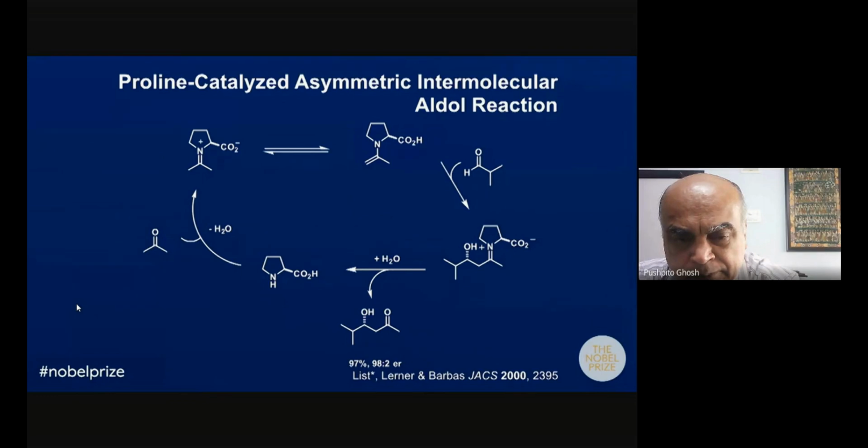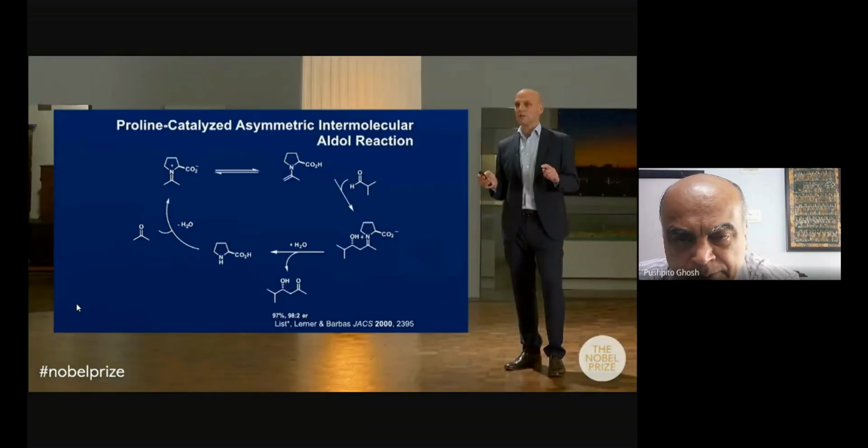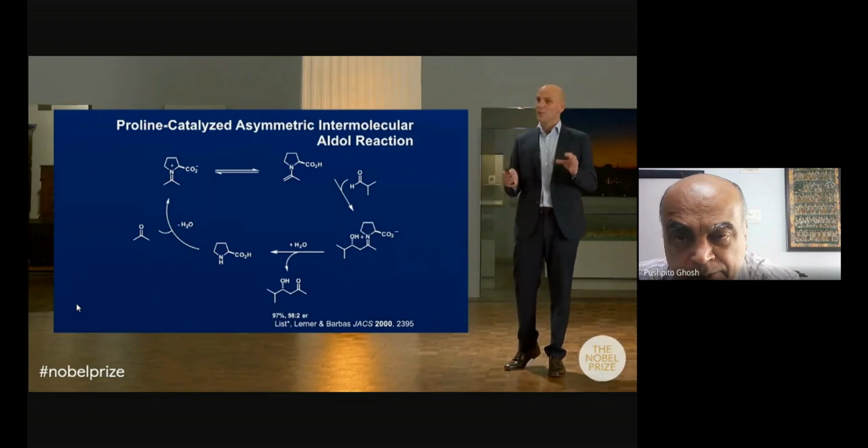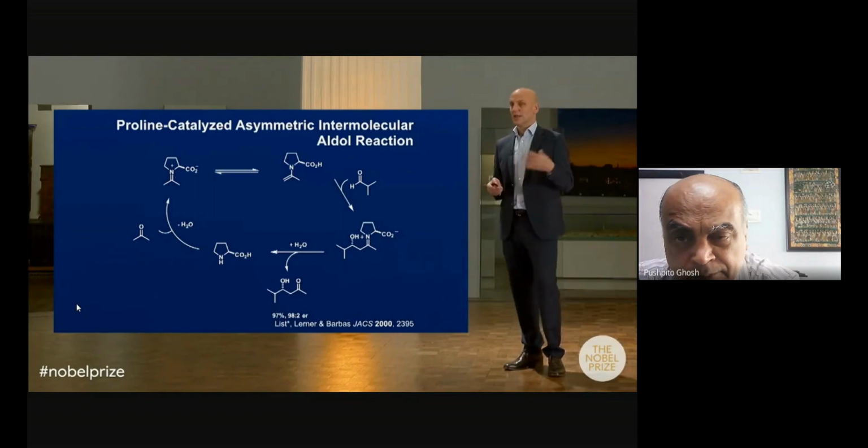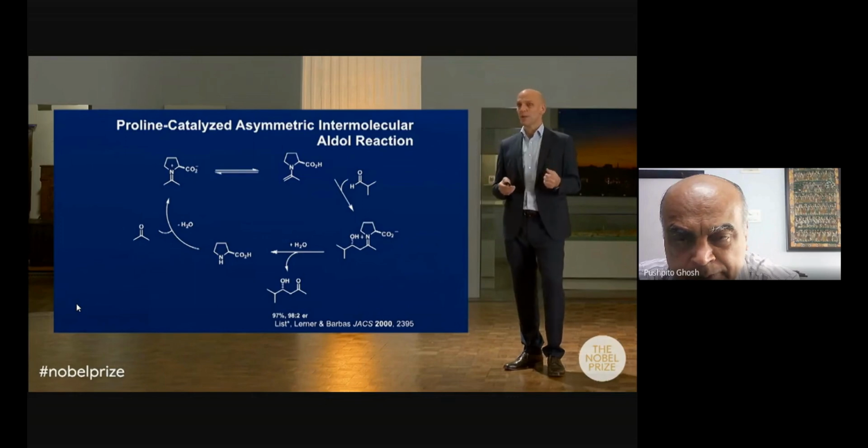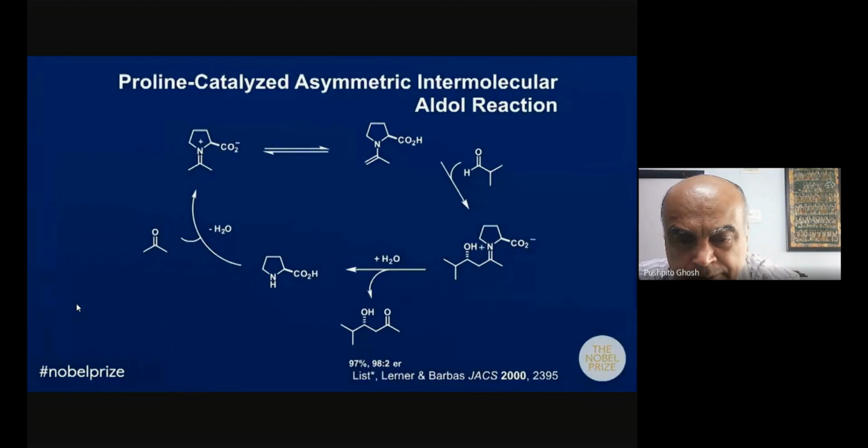And I think it is important to mention in this context that the so-called direct asymmetric aldol reaction at the time was considered one of the biggest challenges of asymmetric catalysis, and there had been only one solution to this problem, and that was a sophisticated lanthanum-based, fancy transition metal-based catalyst that was developed in the group of Shibasaki in Japan. And all of a sudden, it turns out there is now an edible, non-toxic, readily available catalyst that gives the same kind of reactivity with state-of-the-art selectivity. For me, this was a big breakthrough.